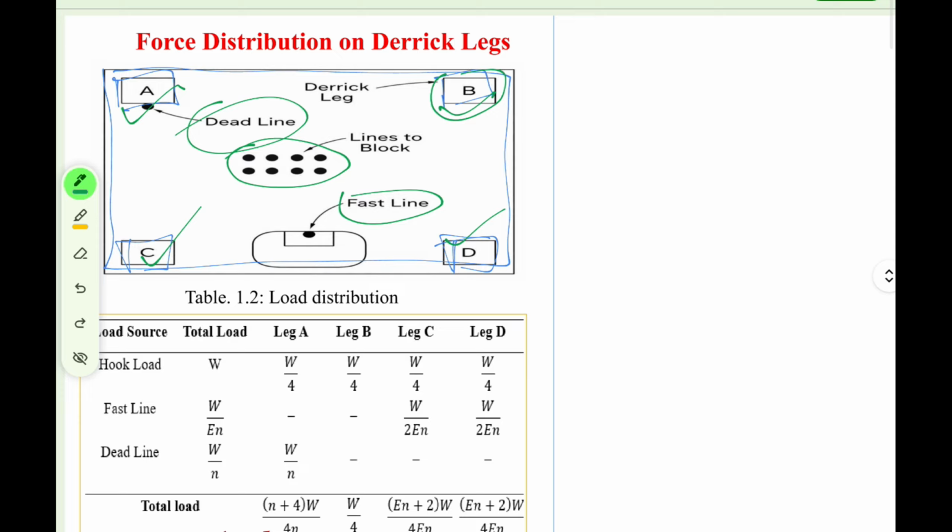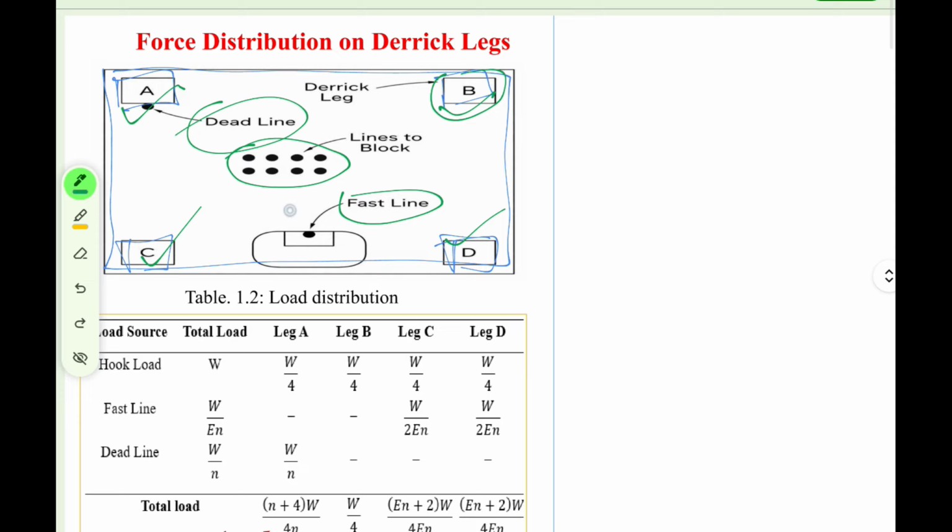So we are trying to find out whether any of these legs is experiencing a maximum load, and if any leg is experiencing maximum load, how are we going to minimize it? This is the load distribution we want to study, right?